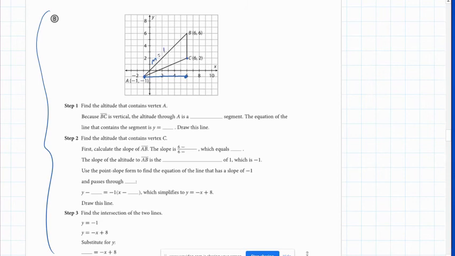This side has a slope of 1. So if I start at point C and make a slope of -1, that would be up 1, backwards 1, up 1, backwards 1. That makes a perpendicular line, and so that is our other altitude.